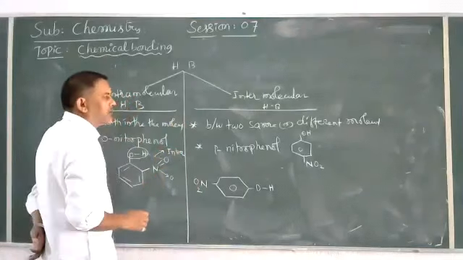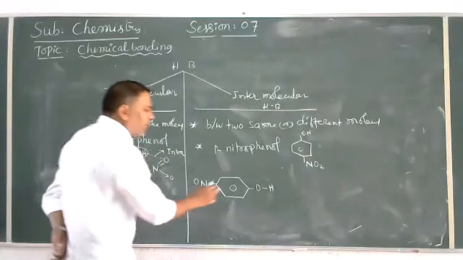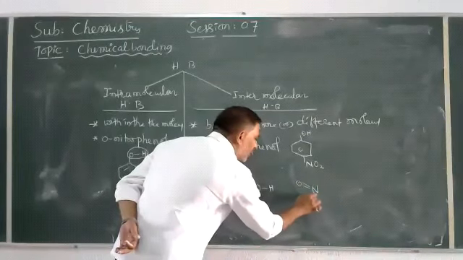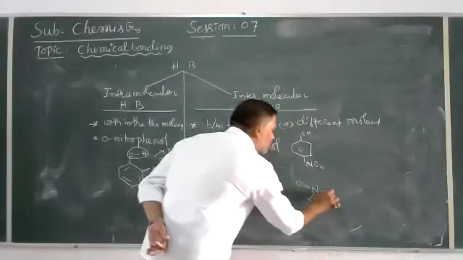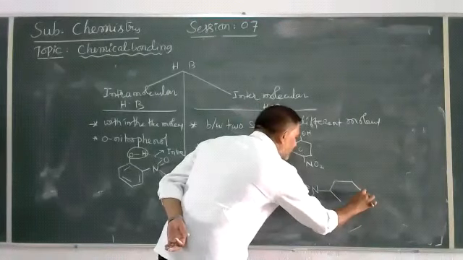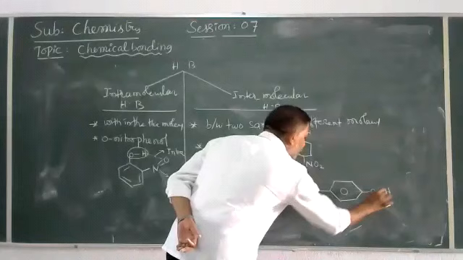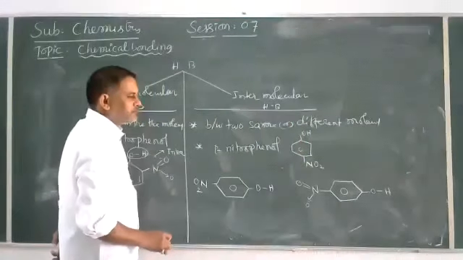Para-nitro means intermolecular hydrogen bonding. One more example I'll take. This is the double bond O and coordinate bond of the nitro group, which is connected with benzene, that is connected with the phenol OH group.